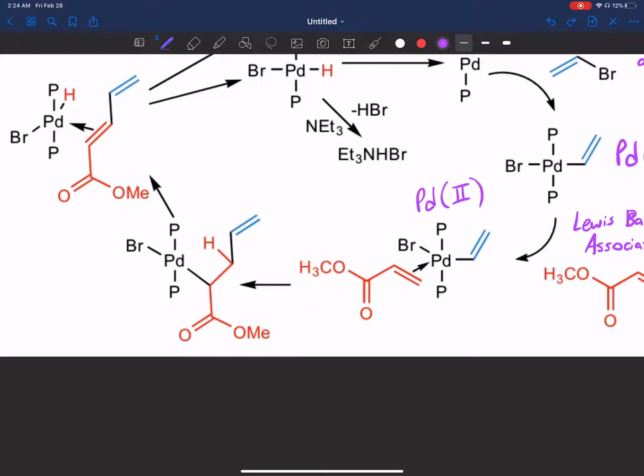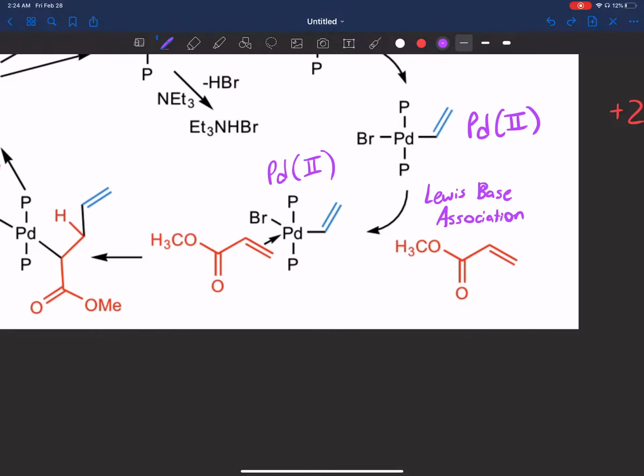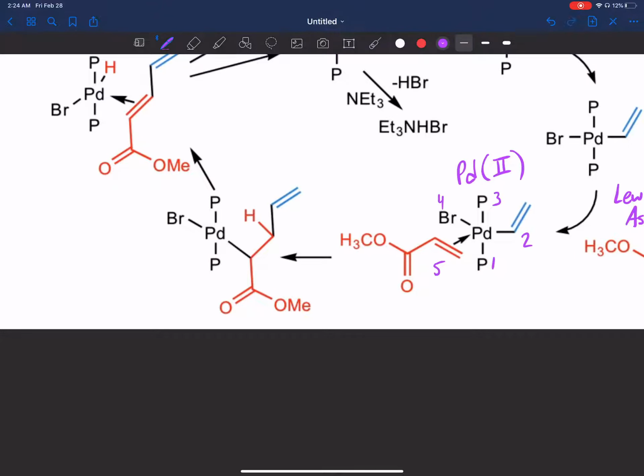And this blue alkene is no longer bound to the metal, it's bound to that red chain. So you can see that the amount of ligands I have bound to my metal decreased. Over here, I had 1, 2, 3, 4, 5. Here I have 1, 2, 3, 4.